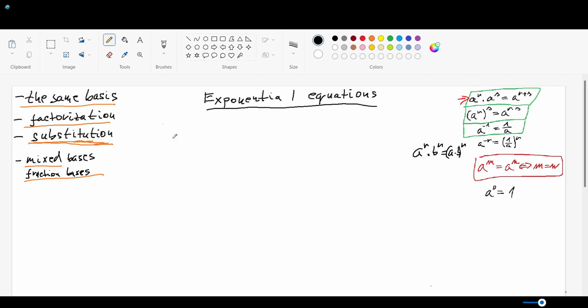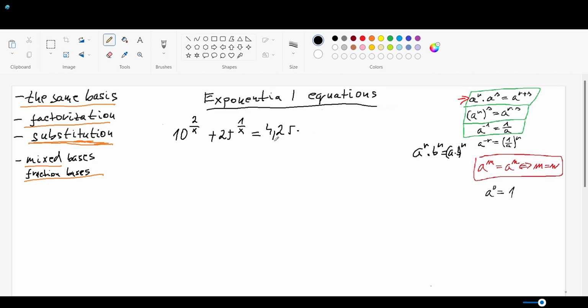So my equation now would be this, and if you have a look at this equation, you can be really scared, but there is nothing to be afraid of. You can see that our exponents, or indices, are fractions, and not simple fractions, but fractions with the unknown in the denominator.